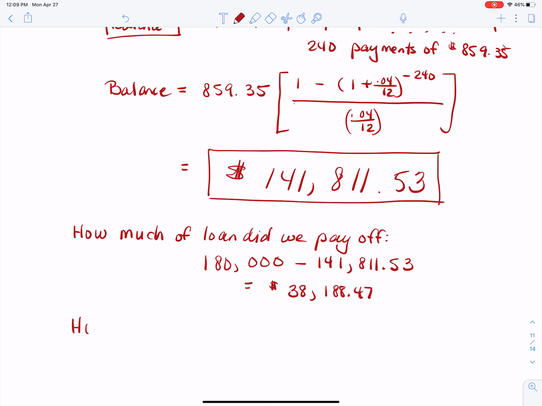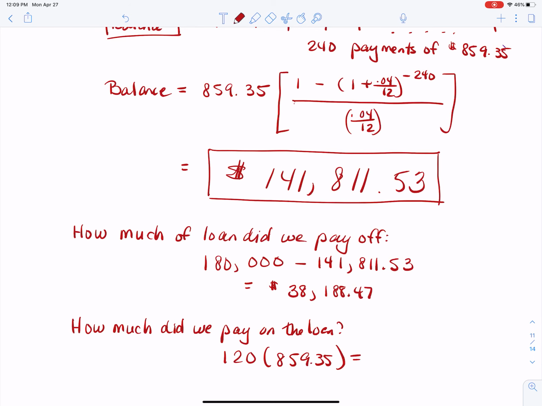Now the other question is, how much did we pay on the loan? Well, we made 120 payments of $859.35.